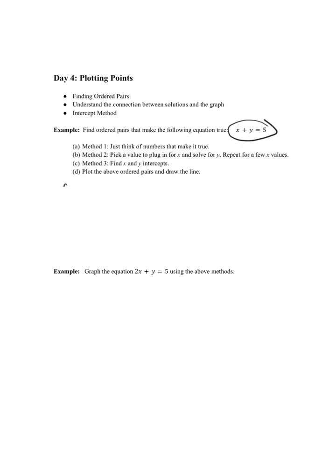So something like (1, 4), (2, 3), and say (6, -1), right? These would all be ordered pairs that satisfy that equation.